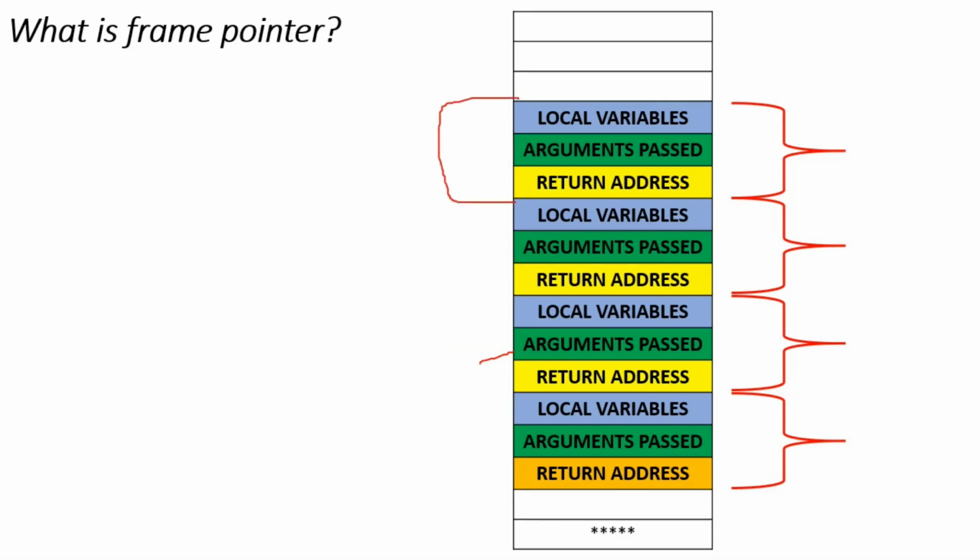Now how to access every part of this stack frame? I can access the entire stack frame using SP, the stack pointer. But how to access every section of the stack frame? We need a separate pointer which I can increment or decrement to access the local variable section, the arguments passed section, or the return address section from the stack frame.